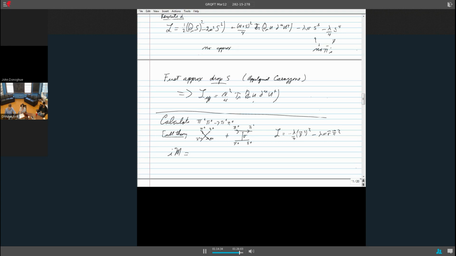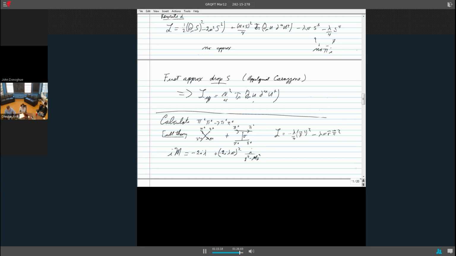In the full theory, here we've got it up here. There's two places where I can make the transition. There's a pi dot pi vertex that comes from there, pi dot pi squared. So this gives me a Feynman rule that looks like that, and it will make my transition. And also up here, there's a pi squared with a sigma, so pi squared sigma gives a vertex that looks like pi sigma.